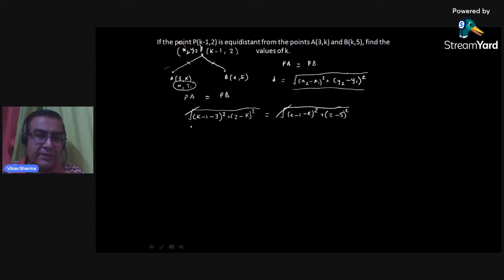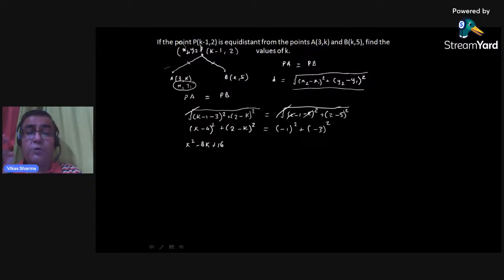What I've got inside the brackets now is k minus 4. So k minus 4 whole square plus 2 minus k whole square should be equal to, here k and k will get cancelled because k minus k is 0. So we are left with minus 1 whole square plus 2 minus 5 is minus 3, and minus 3 whole square. Expanding this bracket, we get k square minus 8k plus 16.